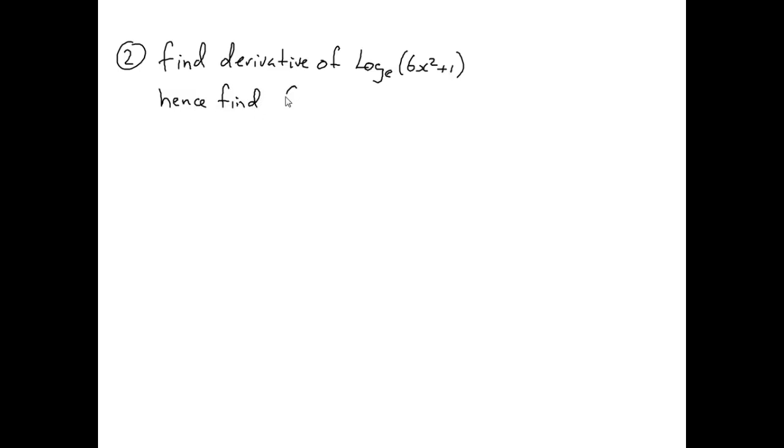So this is example 2. I'm going to find the derivative of log to the base e of 6x squared plus 1, and hence I'm going to find the antiderivative of 2x over 6x squared plus 1 with respect to x. The first thing is to find the derivative.